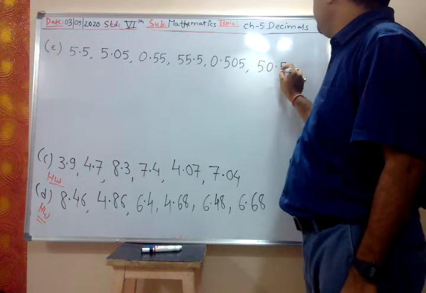So arrange these numbers in ascending order: 5.5, 5.05, 0.55, 55.5, 0.505, and 50.5.